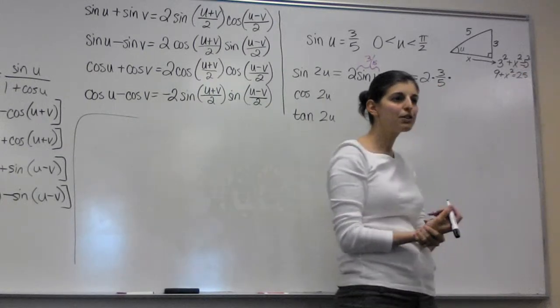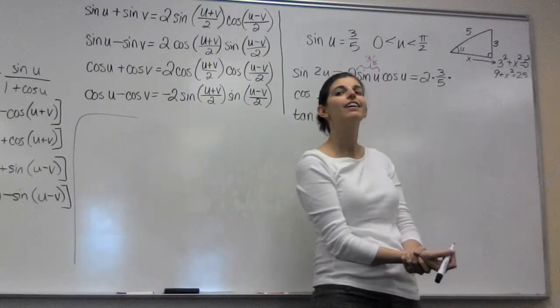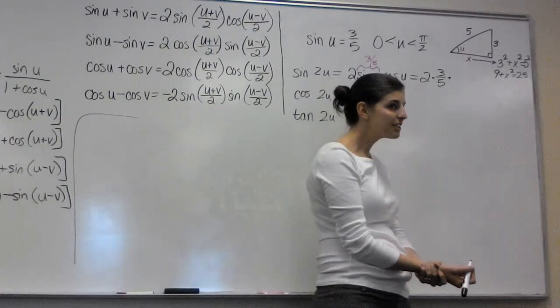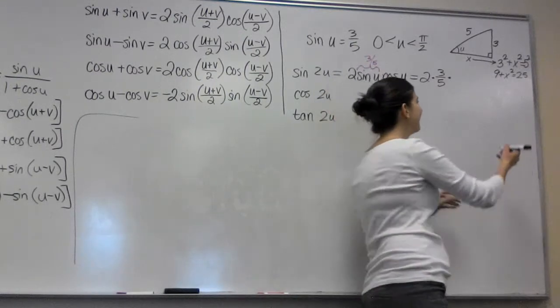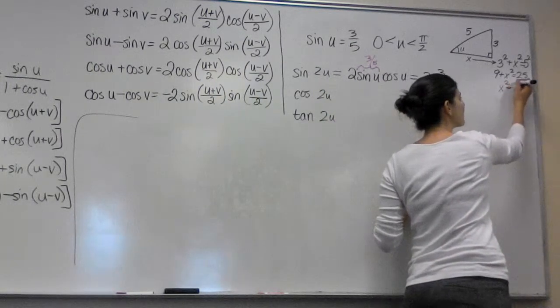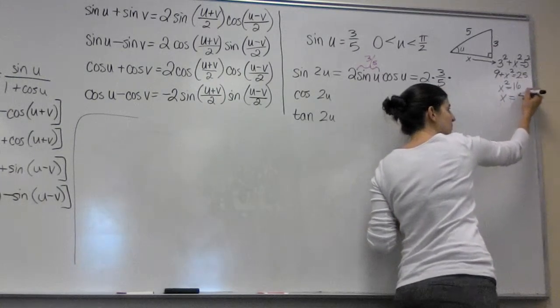Subtract 9 from both sides. What's 25 minus 9? 16. Yes, and that one turns out nicely. The one on your last test did not turn out nicely. That's okay. So x squared equals 16. x equals square root of 16, which is 4.